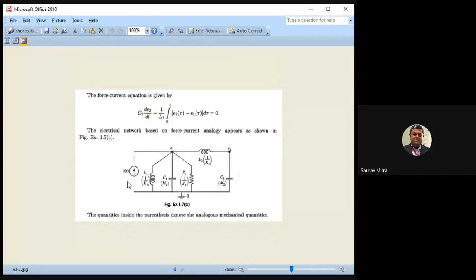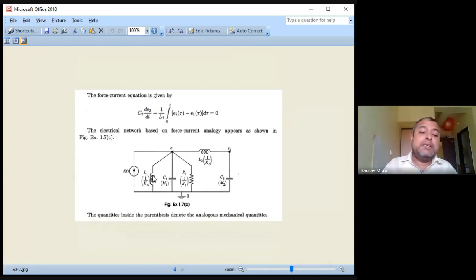In this case, voltage corresponds to current. Wherever there is M1, that is substituted with C1, and wherever there was a spring K1, that is substituted with an inductor, but the inductor value L1 will be 1 by K1. Wherever there was a damper, that will be substituted by a resistance, but the value of resistance will be 1 by B1.